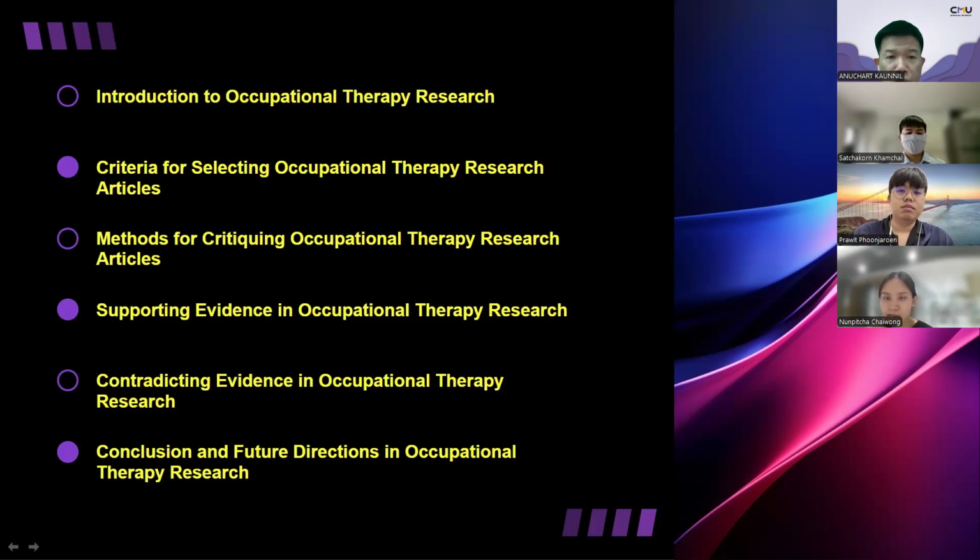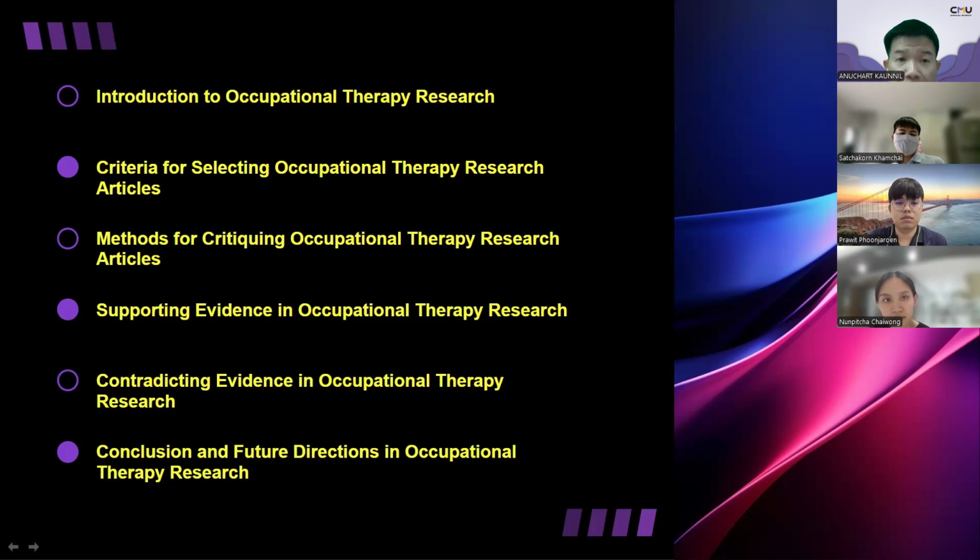Why we need to pick up the evidence to put in our introduction, and for contradicting evidence, maybe similarity or dissimilarity, in the discussion. And the last one is the conclusion and future direction for occupational therapy research.